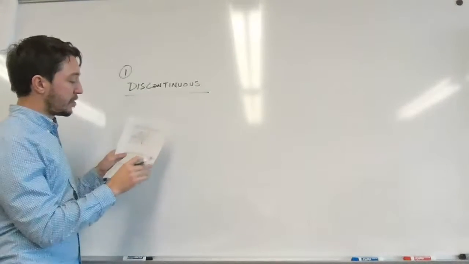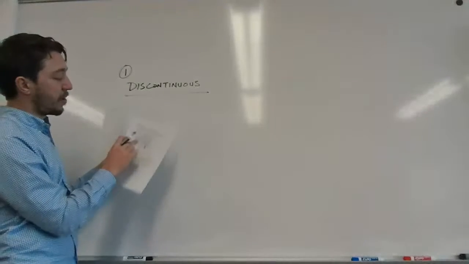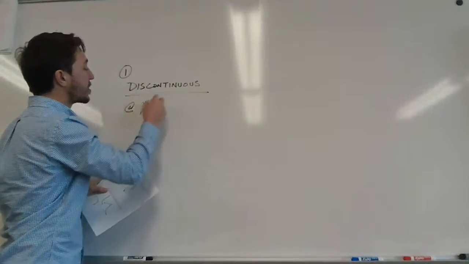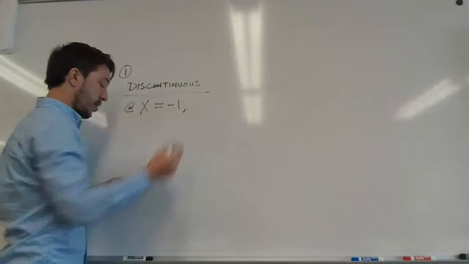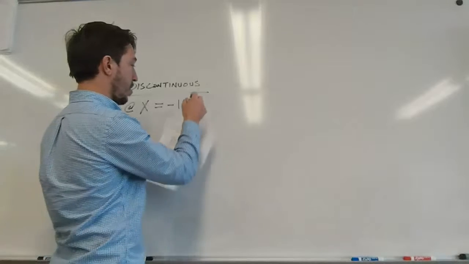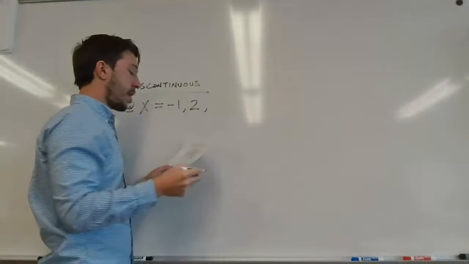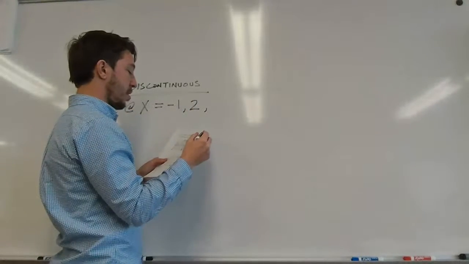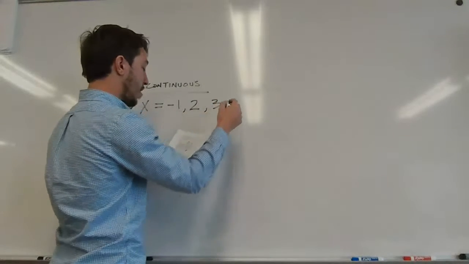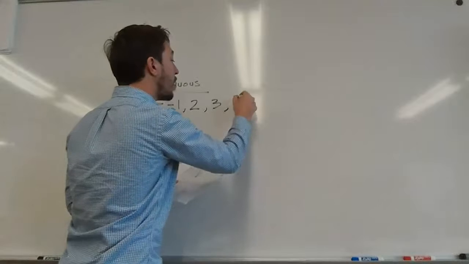Going left to right, what's the first x value where it's discontinuous? -1. So at x equals -1. What's the next spot? 2. What's the next spot? No, there's one more. 3. And then at 5.